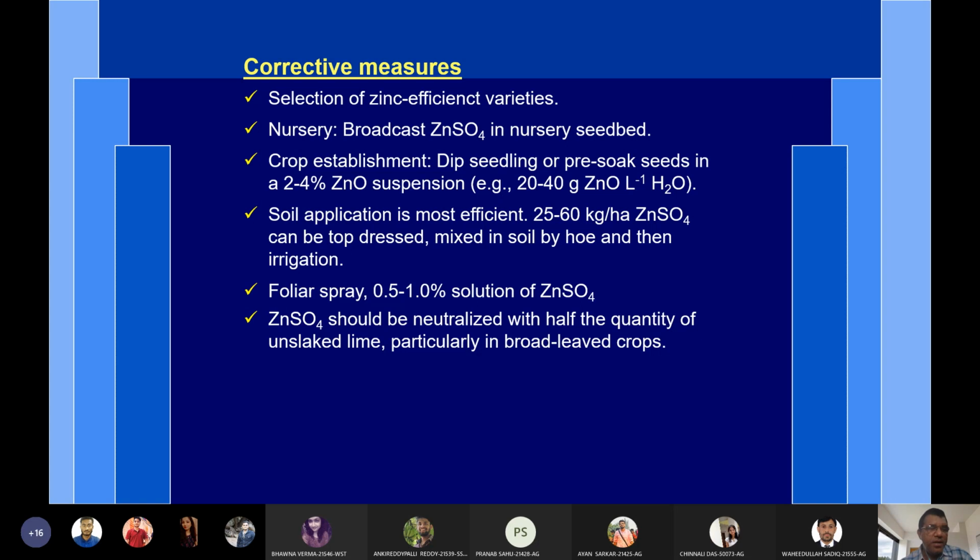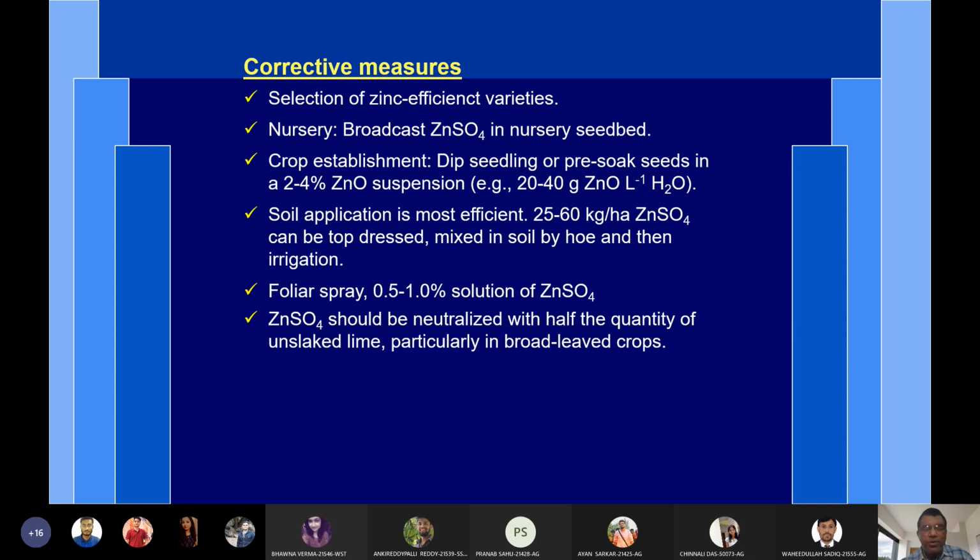When you dissolve zinc oxide in water, it does not make a solution. It makes a suspension of 2 to 4%. For this, you need 20 to 40 grams zinc oxide per liter of water. So this can be used.